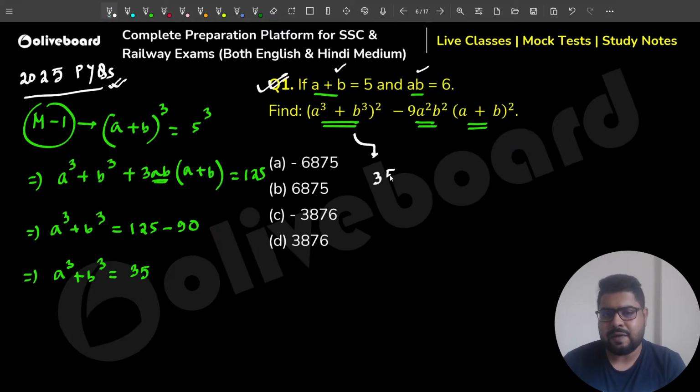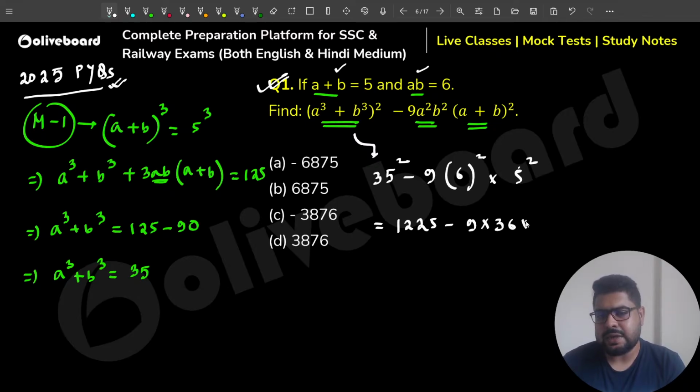And you can again put down the values to get the answer. So this will be 35 square minus 9 into (ab) whole square, that is 6 whole square, and into (a plus b) whole square, meaning 5 square. So 35 square is 1225, minus 9 into 36 into 25. 25 into 36 is 900, into 9 is 8100.